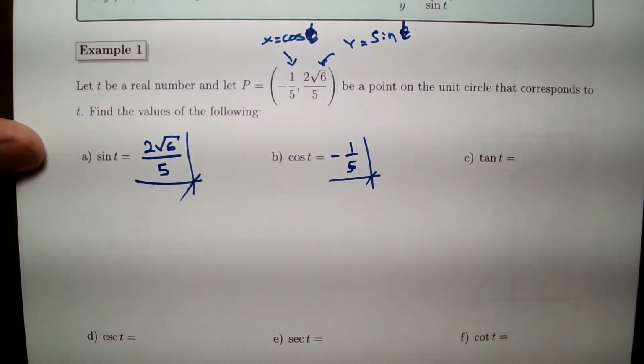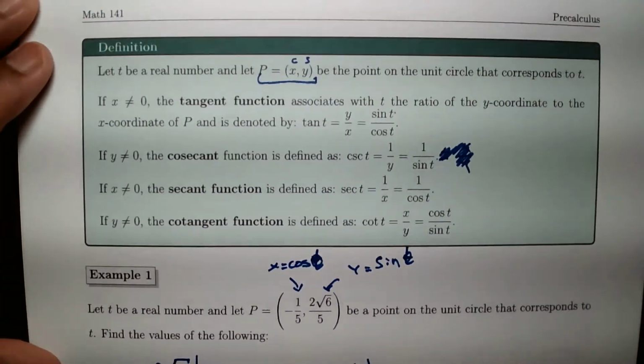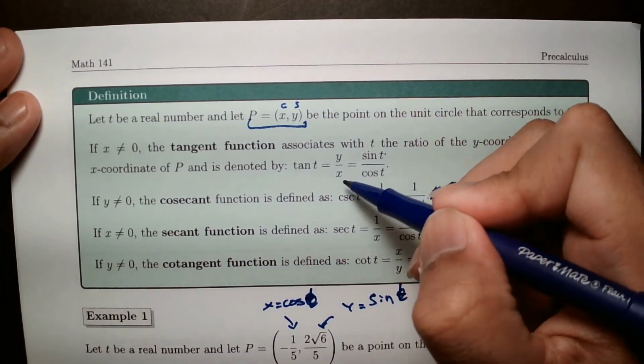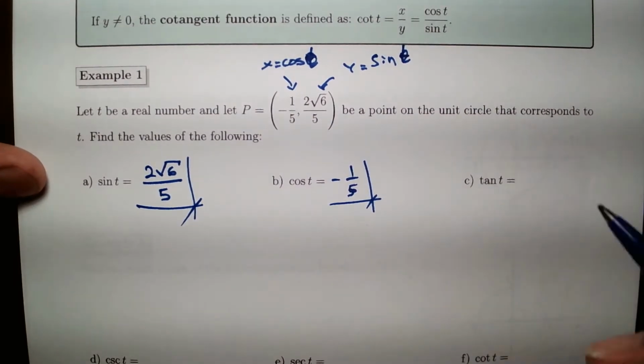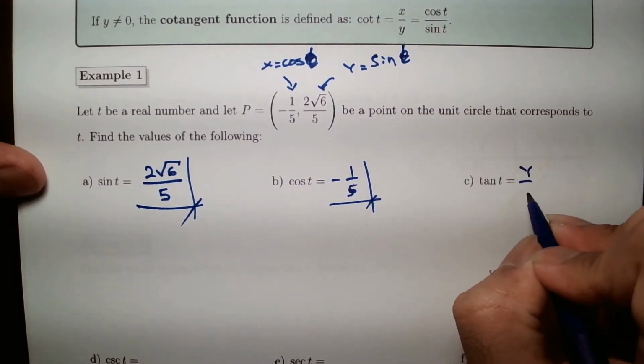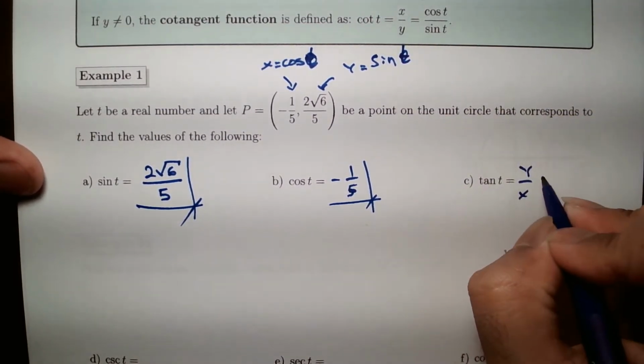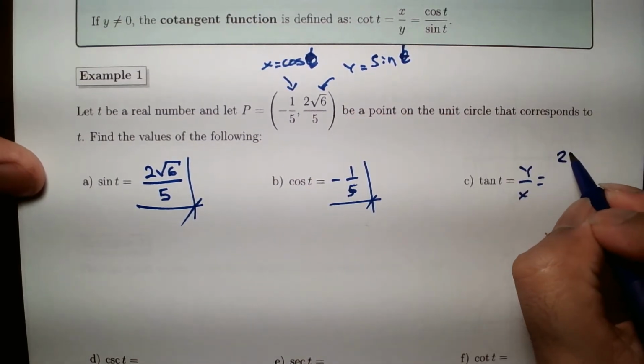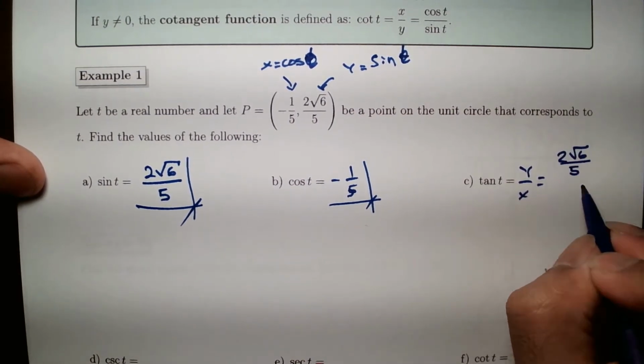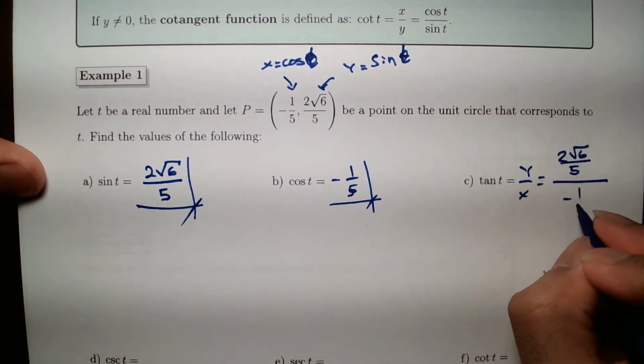Now, tangent, which we defined at the top, is y over x. So y, which is 2 root 6 over 5, the whole thing divided by negative 1/5.